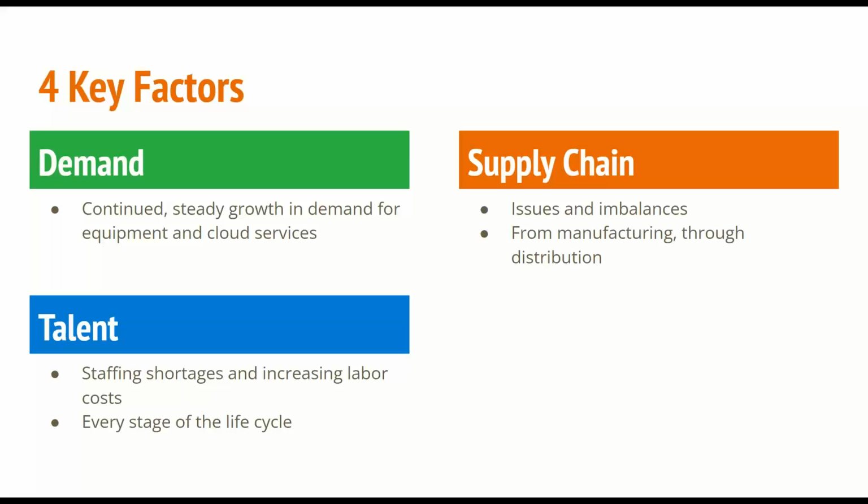The third factor is that supply chain. We continue to see significant issues and imbalances, and this isn't just the distribution problems that we have with shipping backlogs, misalignment of shipping containers versus where the need is, delays at offloading in ports, shortage of over-the-road truck drivers in North America.